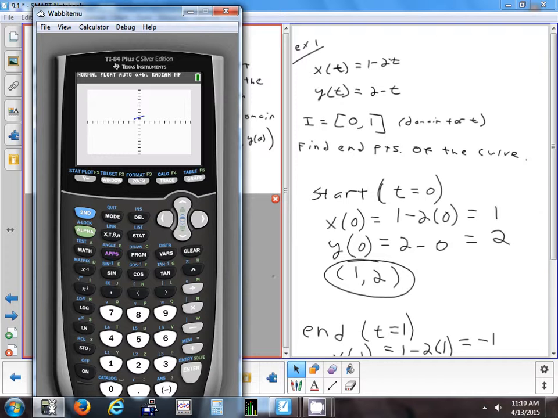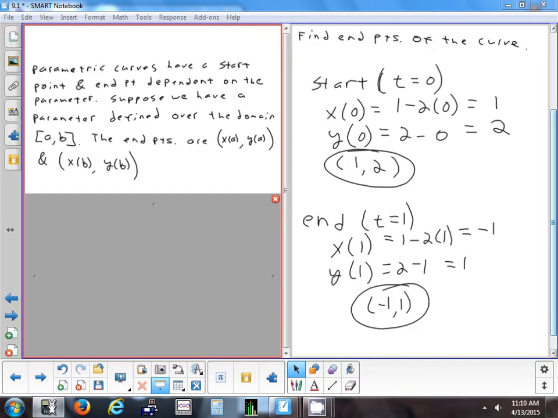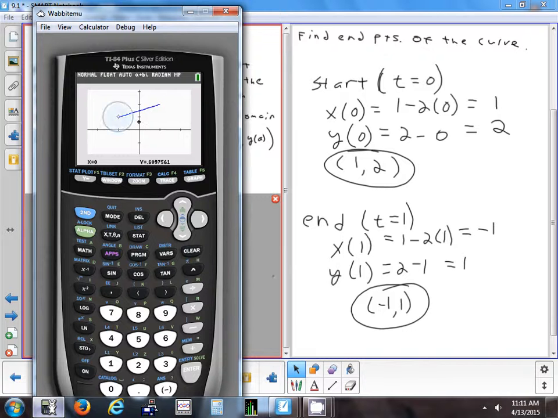If you want to zoom in a little more, you can, but it's basically a segment. Let's look at the start and end points and see if it makes sense. Right one, up two. Yep, there's one of them. Left one, up one. Yep, there's the other point. So that's the start and stop points of that curve.